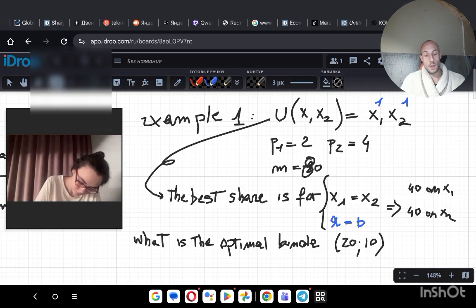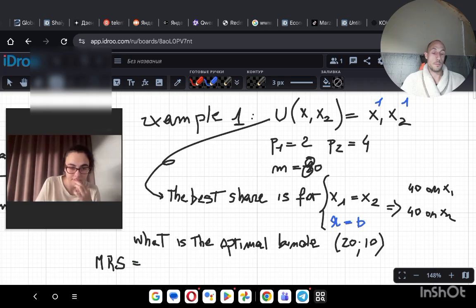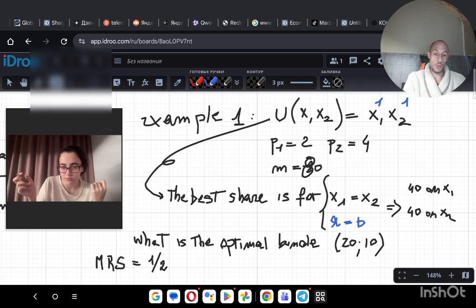What is the marginal rate of substitution? Like 1/2. Minus 1/2. The marginal rate of substitution is just the ratio between the two.